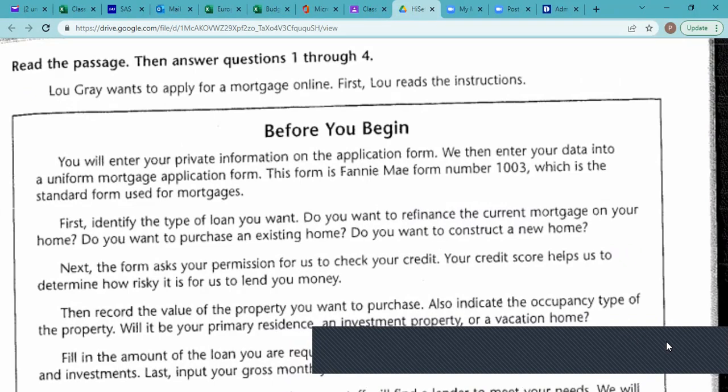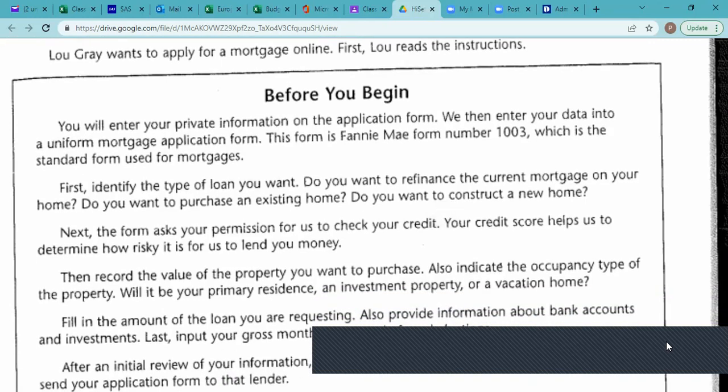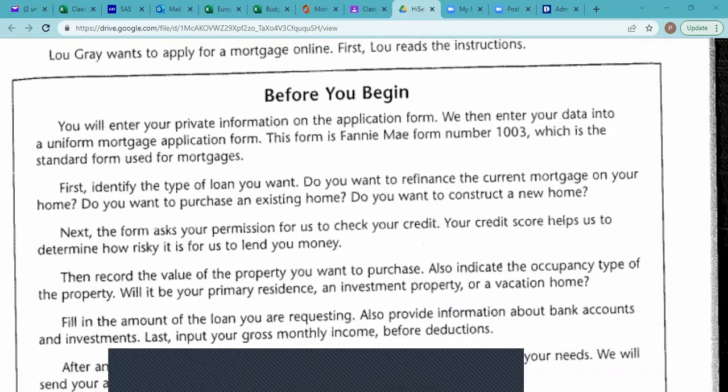Before you begin, you will enter your private information on the application form. We then enter your data into a uniform mortgage application form. This form is Fannie Mae form number 1003, which is a standard form used for mortgages.